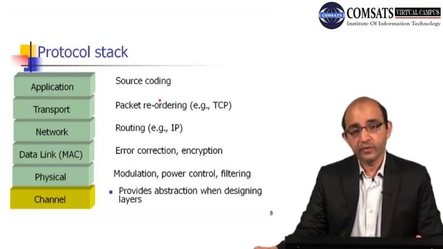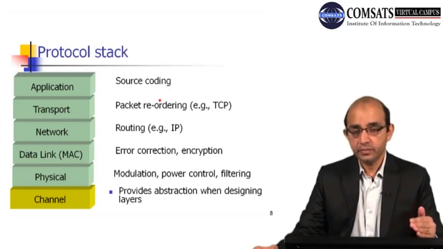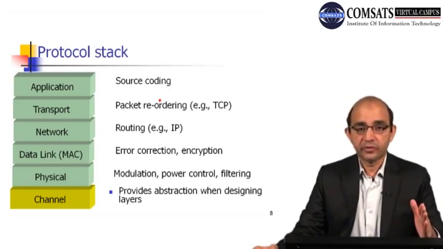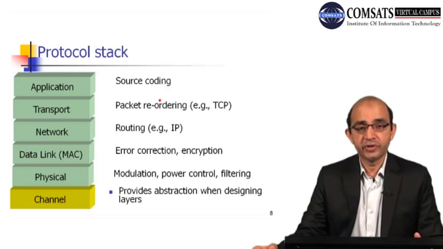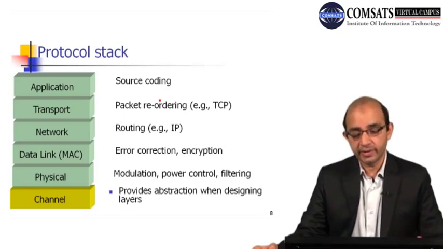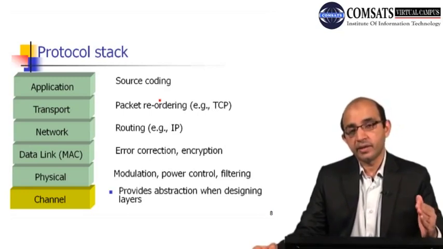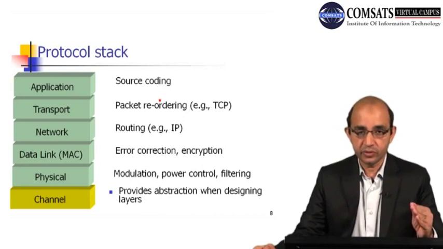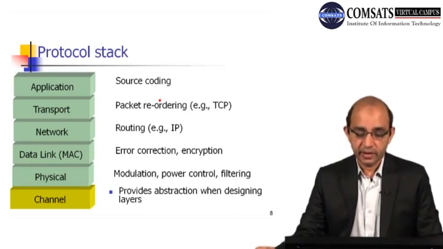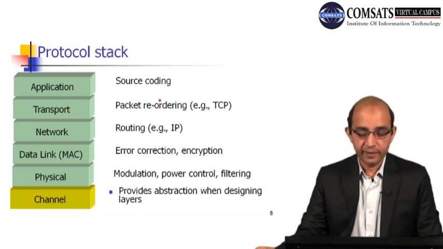Then we need to fragment that image into packets, and then after the fragmentation into packets, we need to order them, or we need to put tags on them. So that can be done at the transport layer, and we use TCP.